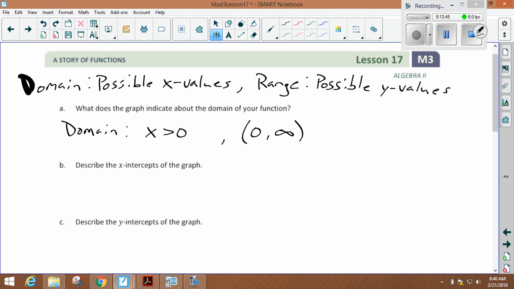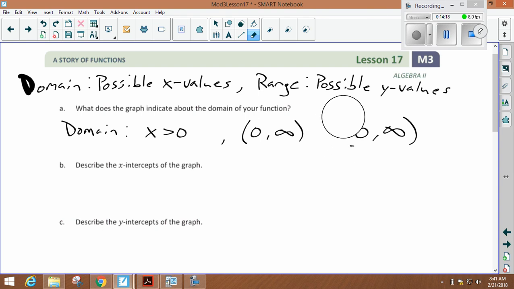It's saying that these are the only values that x can have. You remember that if we had a bracket there, it means it includes 0. But we have a parenthesis, and that means that 0 is not included. Are you familiar with that notation? If I had said this, that means, sorry, my bracket looks terrible. It's despicable.